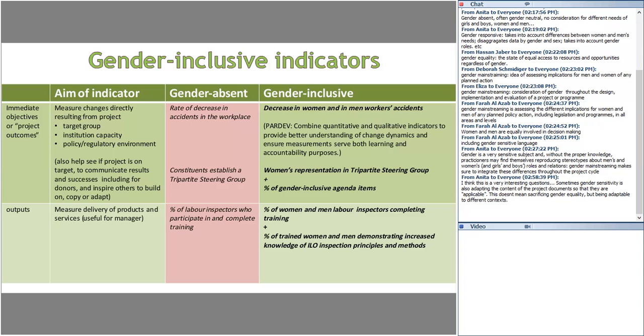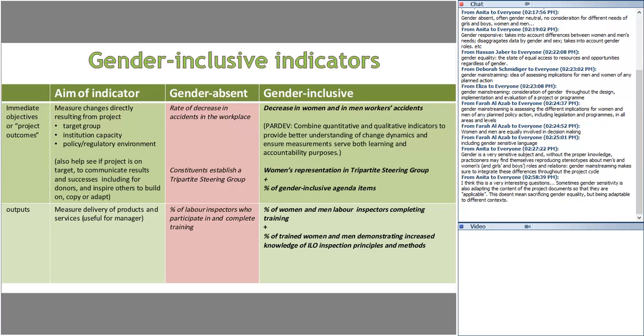So I have also given an example in the next row under my gender absent constituents: establish a tripartite working group. Here's the gender absent version. We see this often. This is a typical indicator: constituents establish a tripartite steering group, let's say to address accident rates.